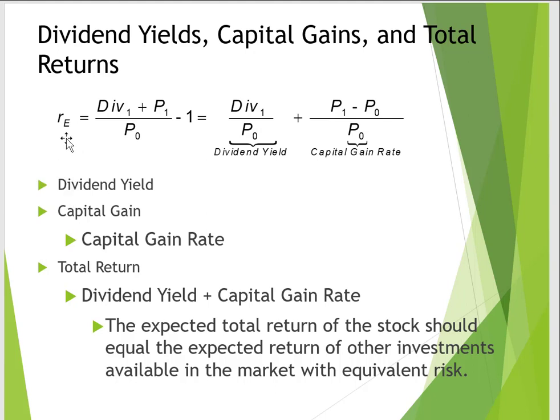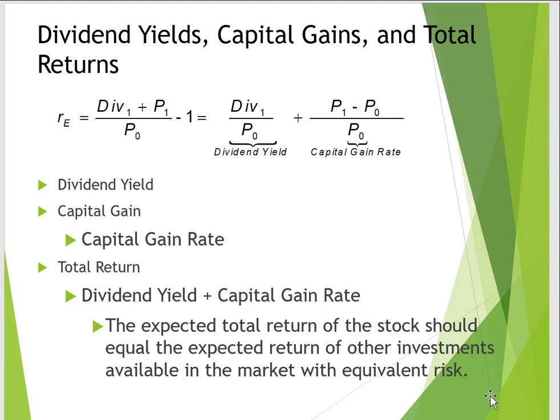So the return on a stock has two component parts. The dividend yield, D1 divided by the current price, plus a capital gains rate. So the total return of a company on their stock is the dividend yield plus the capital gain rate.